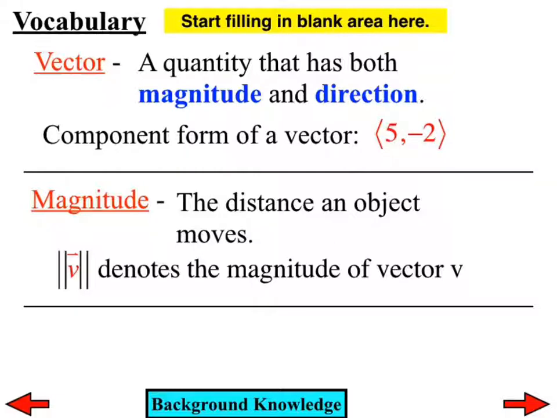Remember, a vector is a quantity that has both magnitude and direction. And we typically write a vector in component form. So an example of that would be that vector right there, 5, -2.